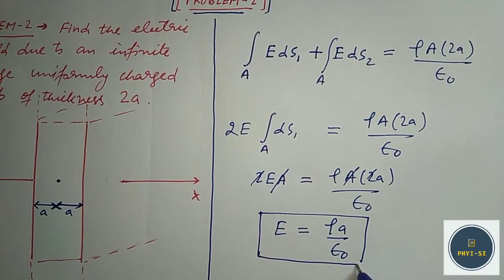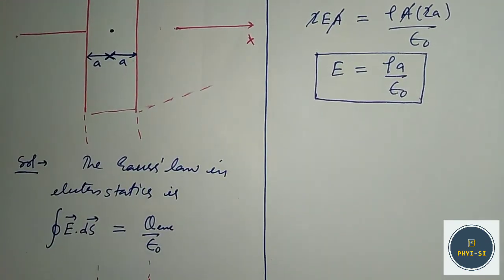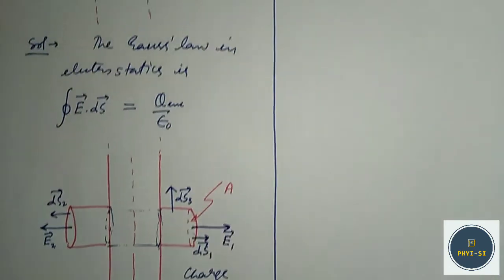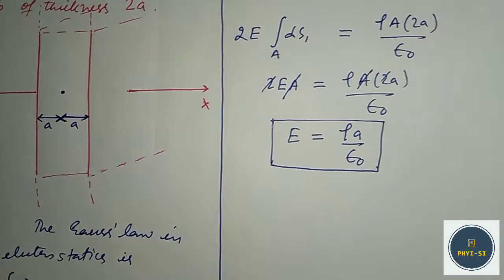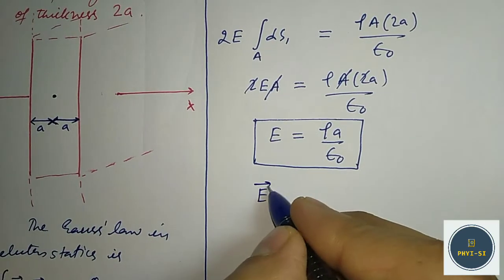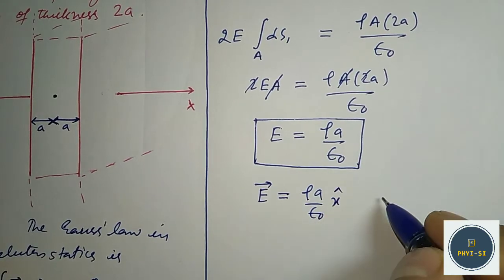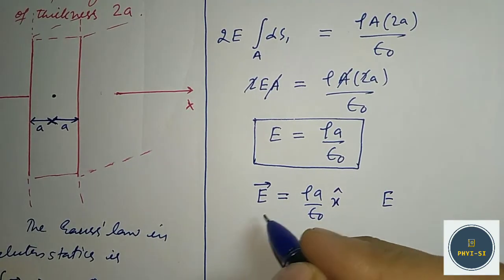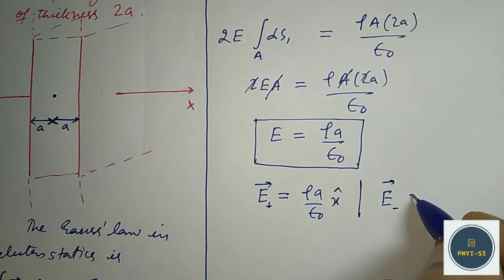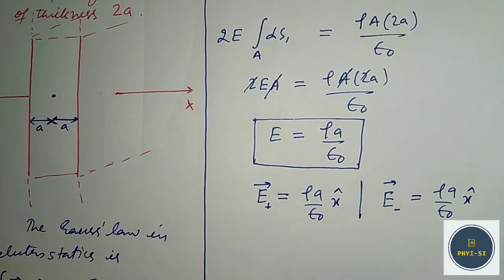This is the magnitude of the electric field over these two surfaces. On the positive side, the electric field will be equal to rho a over epsilon naught x cap, and on the negative side the electric field will be equal to rho a over epsilon naught, in the negative x direction.